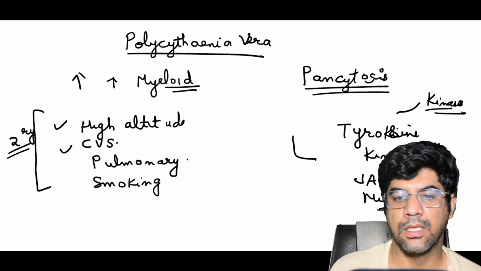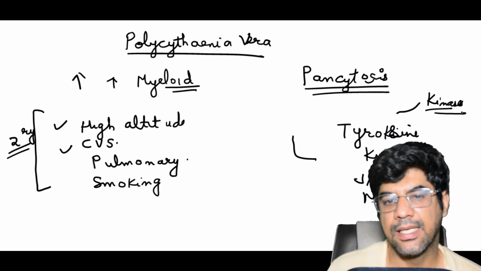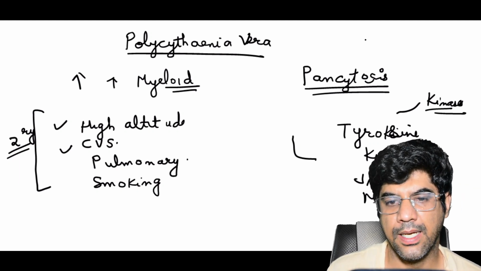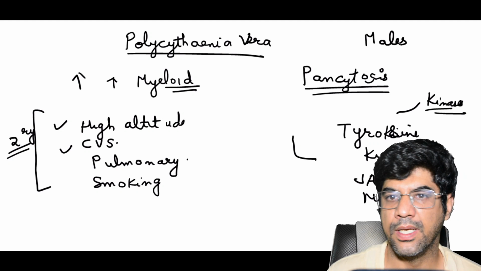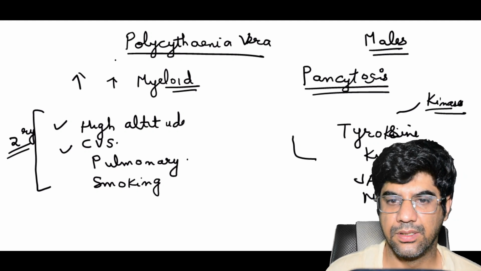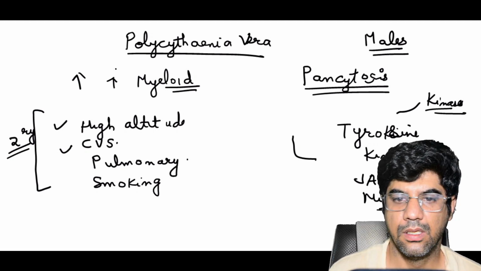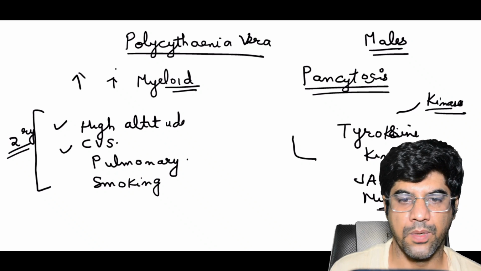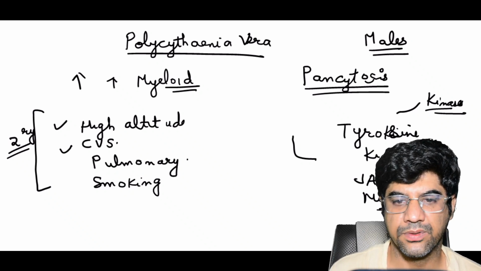Now, what would be the clinical feature? It generally occurs in middle life, and it is more common in males. So it runs a chronic but slowly progressive course.